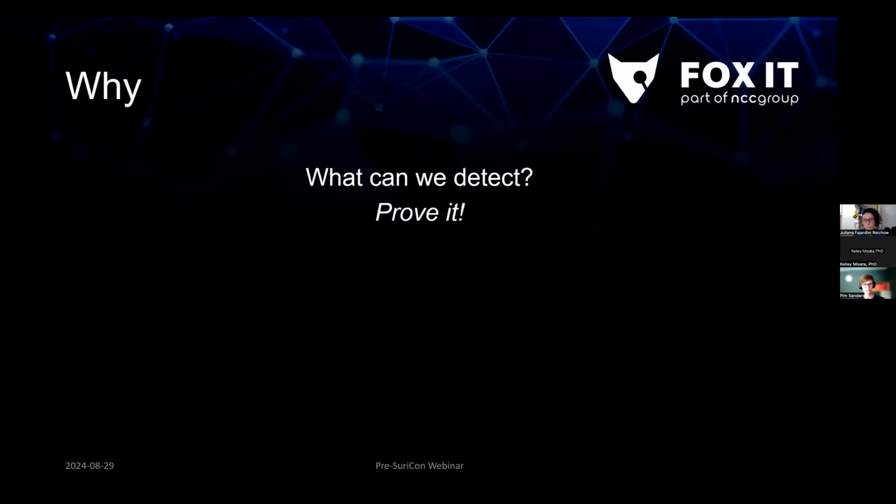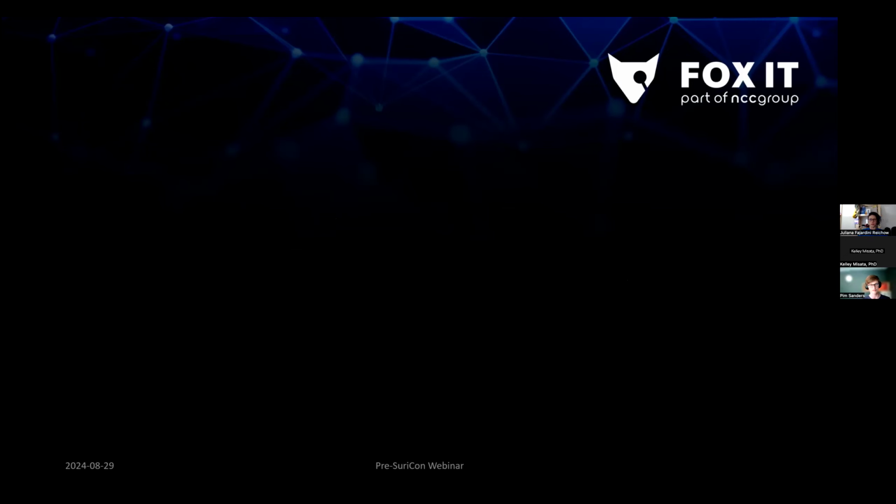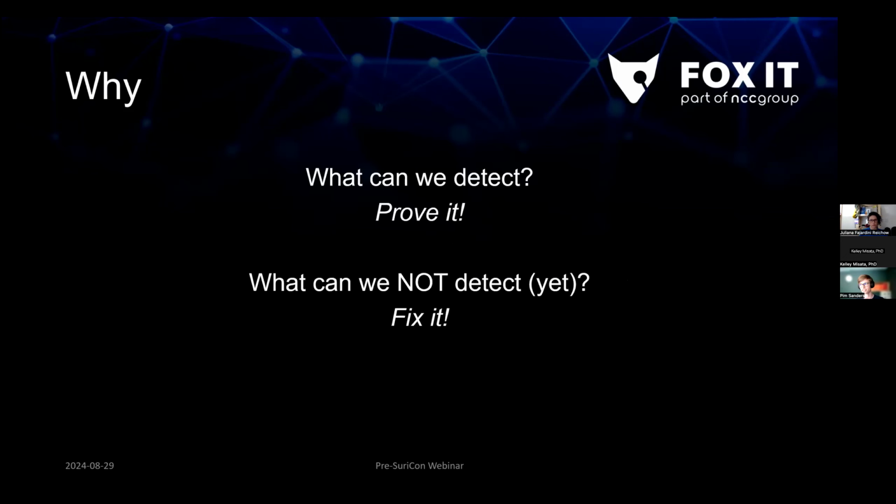We want to prove what we can detect and fix what we cannot detect yet. It's comparable to software testing in software development. If you write code, you want to know if it's working as intended, even after changes. Dierentuin and Zoo have the same kind of principle behind them.